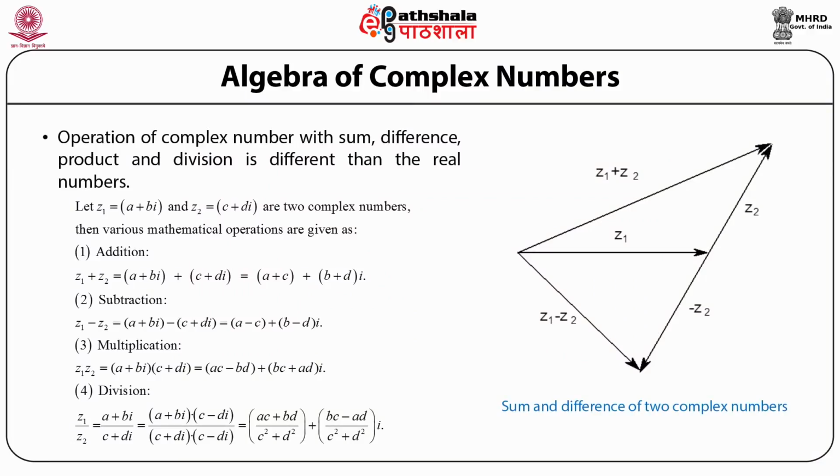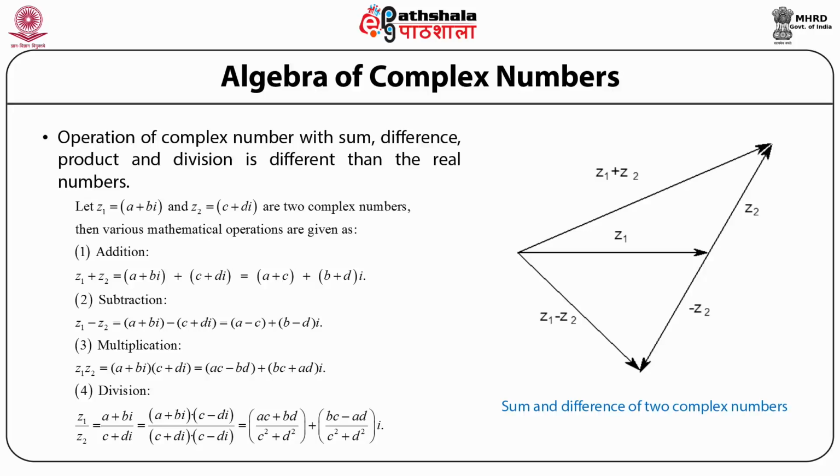We are going to see the algebra of complex numbers. On the right side, you are seeing the image of the representation. There are two complex numbers, Z1 and Z2, and you are seeing the vector addition of Z1 plus Z2, or the vector addition of Z1 and minus Z2. That is equivalent to considering it as Z1 minus Z2, or adding Z1 plus of minus Z2.